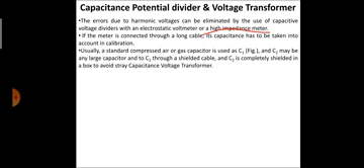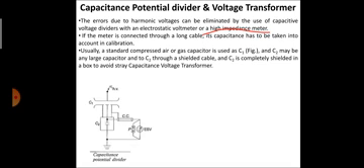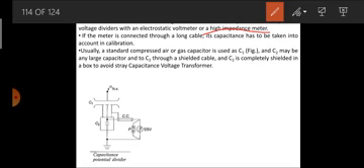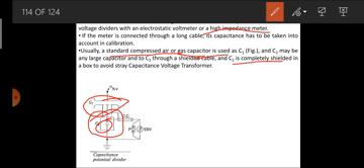Hence, usually a standard compressed air or gas capacitor is used as C1. Here for C1 we generally go for a standard compressed air or gas capacitor, and C2 may be a large capacitance, connected through a shielded cable, and C2 is completely shielded in a box to avoid stray capacitance.